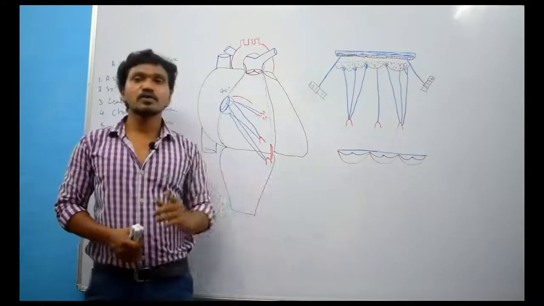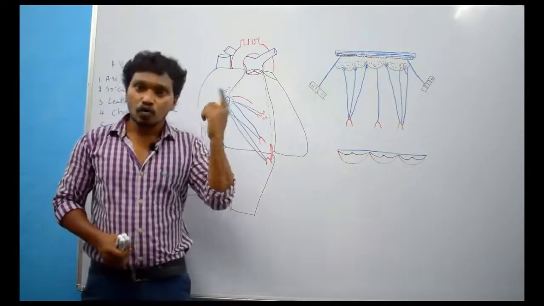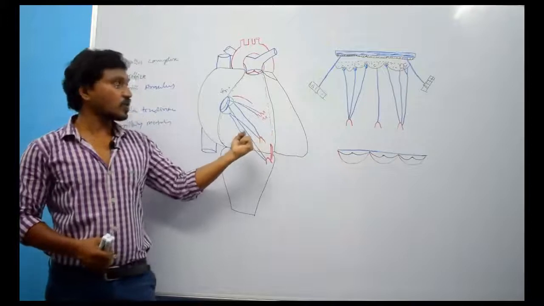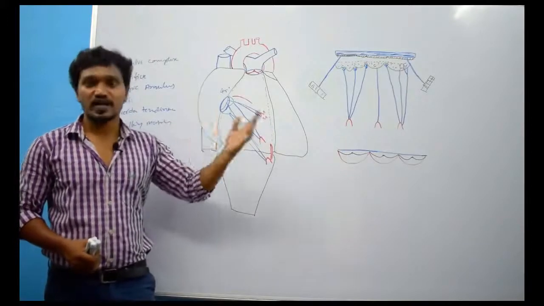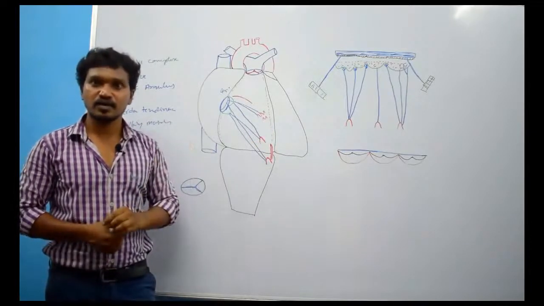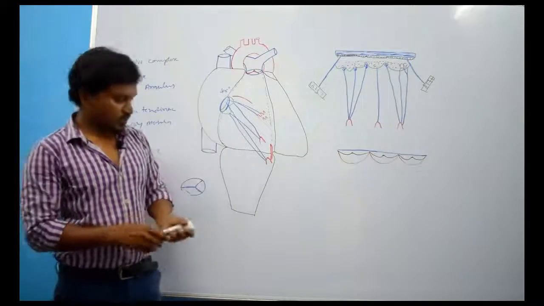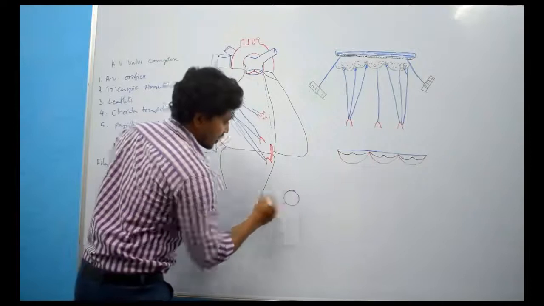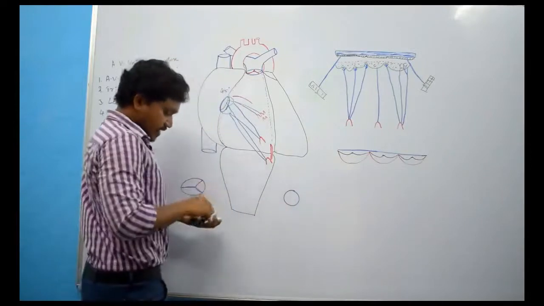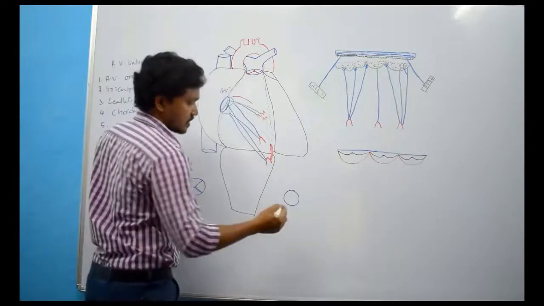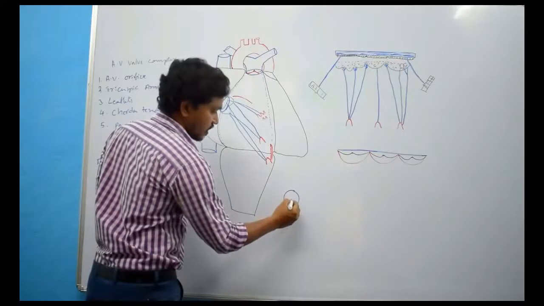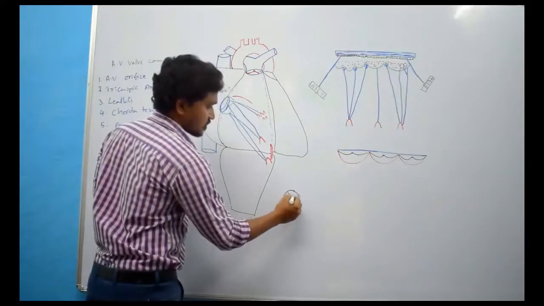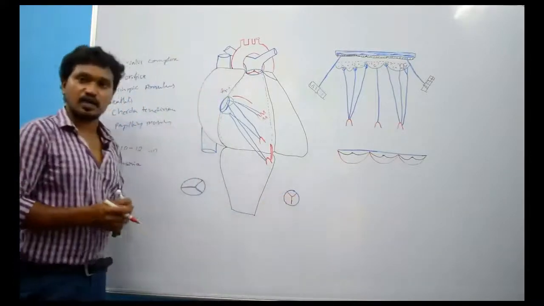This semilunar valve will be open during systole and closed during diastole. Right? When they are closed, it will look triradiate in appearance.